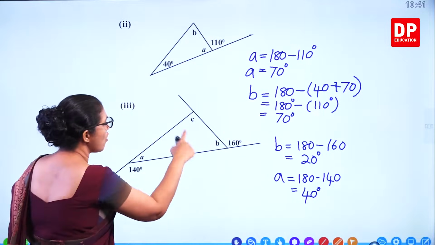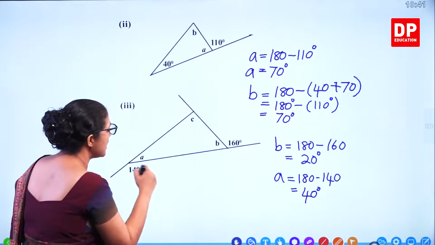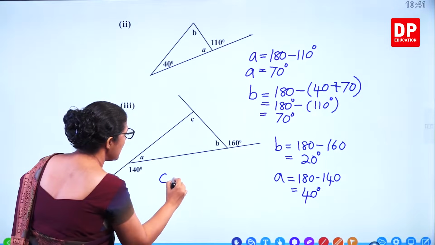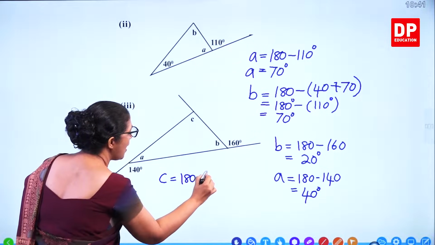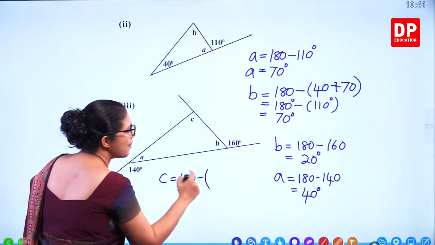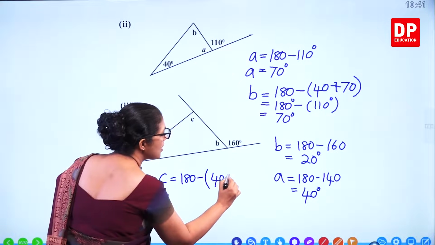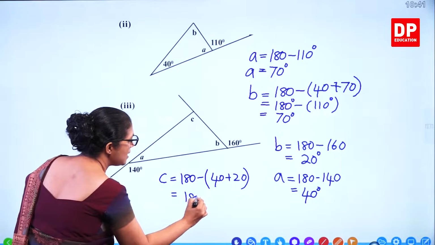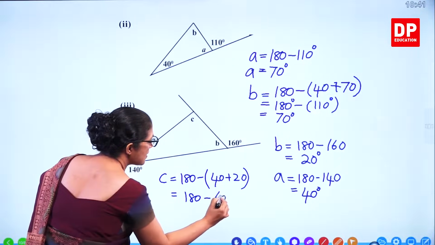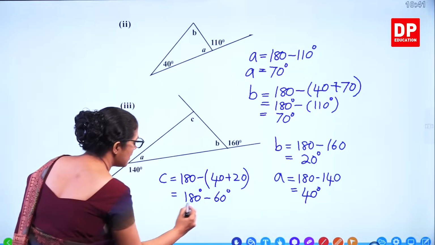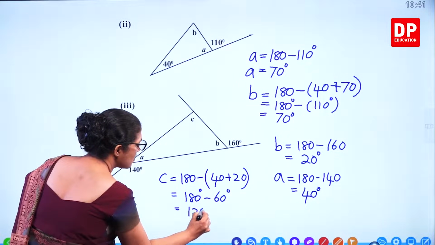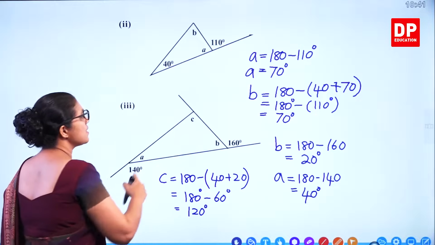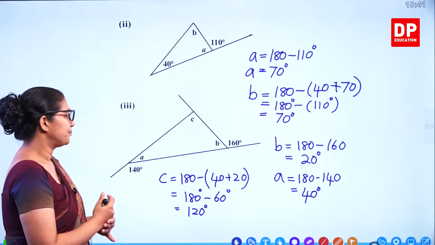Now using the triangle sum, you can find out C. So what's C? 180 minus the sum of A and B, 40 and 20. So you get 180 minus 60. That's 120. So C equals 120.